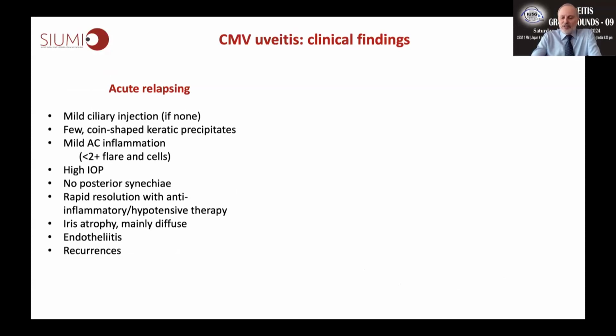There is mild anterior chamber inflammation, usually less than 2+ flare or cells, and very high IOP, no posterior synechiae. Rapid resolution with anti-inflammatory and hypotensive therapy. There is atrophy that is not patchy as in simplex and zoster, but is mainly diffuse. And you can also find endothelitis and very frequent recurrences.